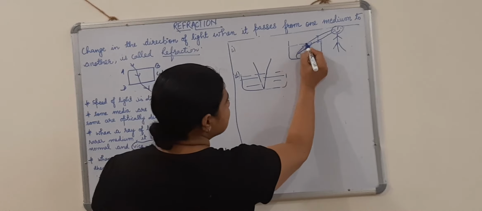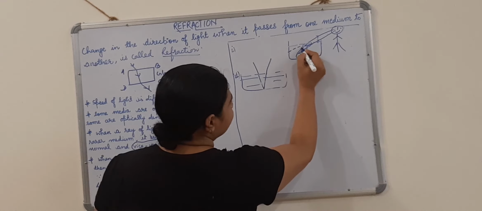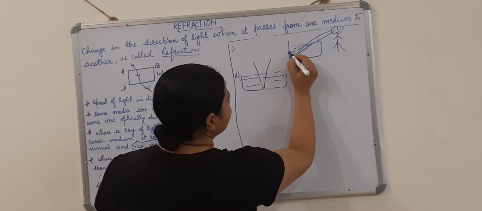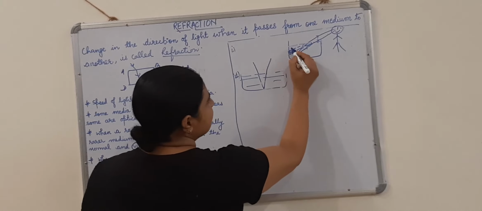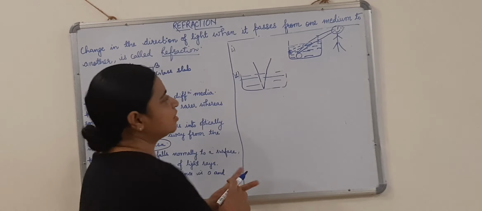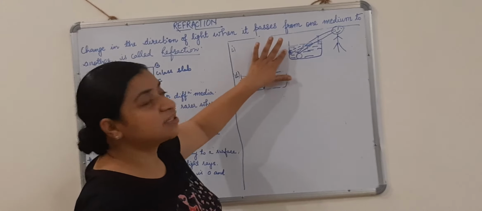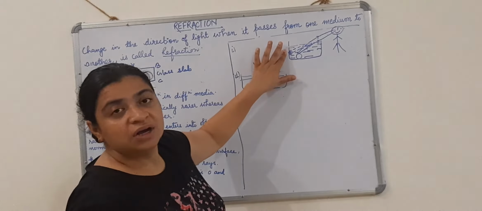When we retrace the path of these refracted rays, you will see the image of the coin is formed here, and you will be able to see the coin. But when you try to touch it to pick the coin up, you won't be able to, because this is a virtual image of the coin.